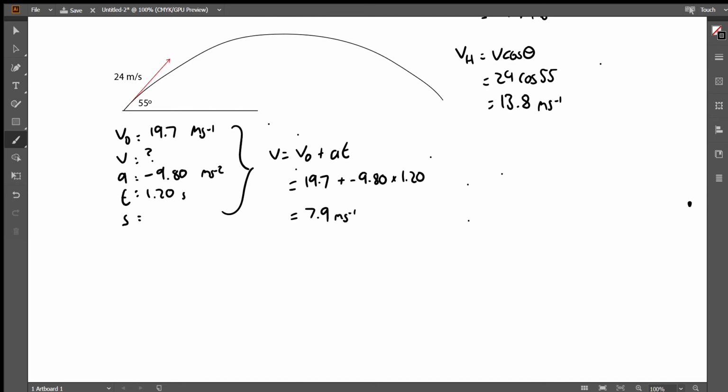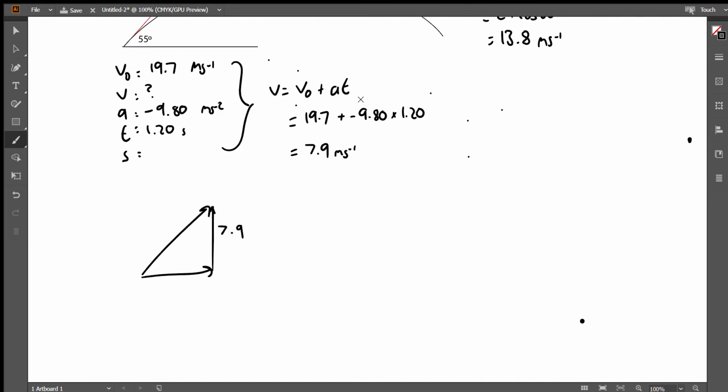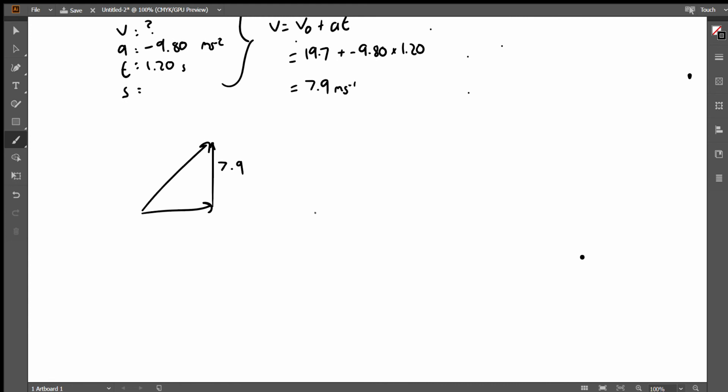So now we need to work out the speed. So here we'll draw a little diagram. This we've just worked out this component to be 7.9. We know from before that the horizontal component is 13.8 meters per second. Therefore, we just work out the hypotenuse using Pythagoras' theorem.